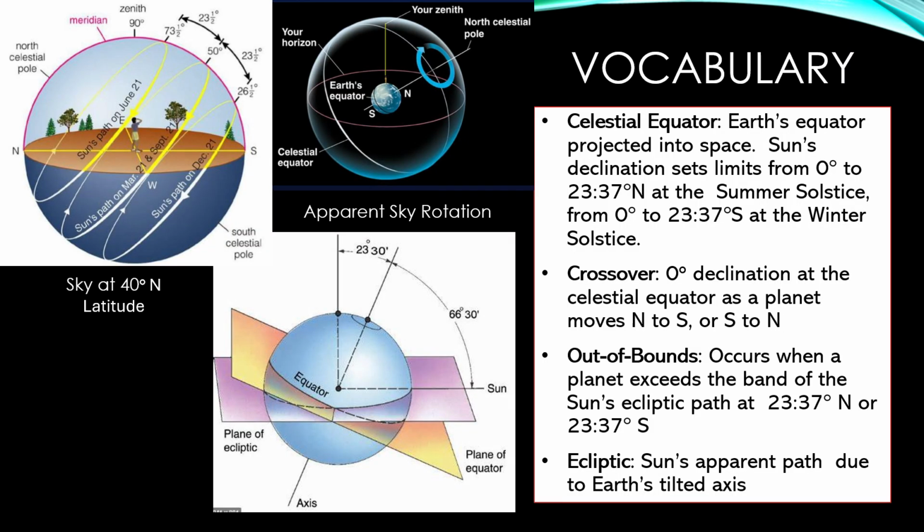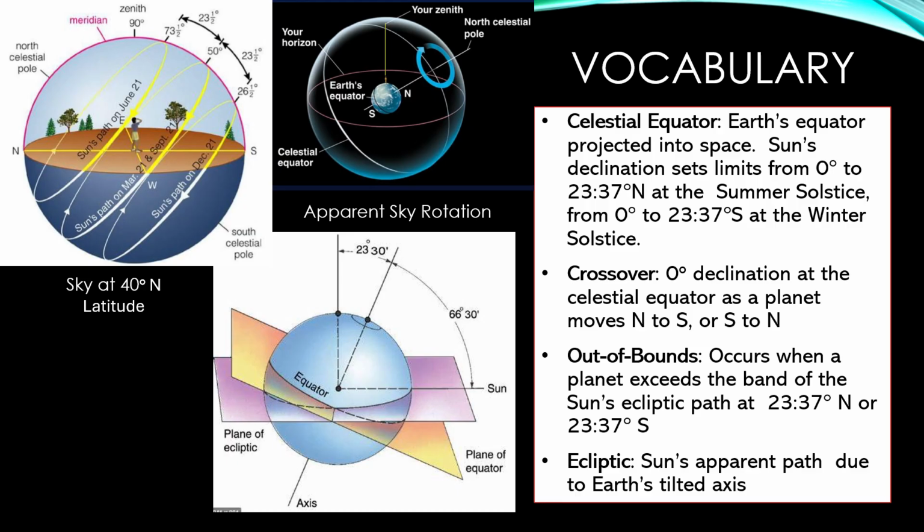So here's a little bit more vocabulary and images that help see how that works. In the image on the upper left, the middle line is the celestial equator, and our astrological declination is then the 2 lines on either side of that, which we call the Tropic of Cancer and the Tropic of Capricorn. So that is what we're looking at with planets.